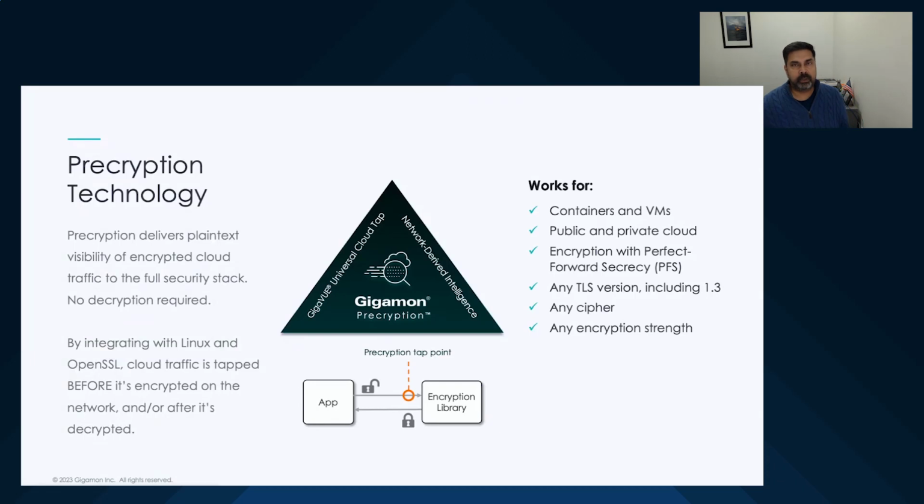So the way we do this, the super secret part, the innovation part, is by having the OS tell us that there was a call made to this encryption library, and here's the traffic that's being sent to that encryption library. So in concept, there's a technology called eBPF, Enhanced Berkeley Packet Filtering, and that eBPF infrastructure is part of any Linux OS.